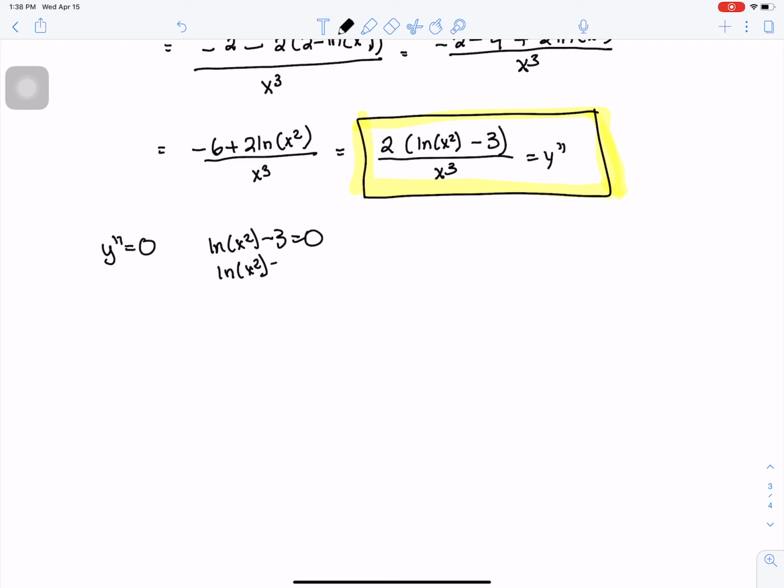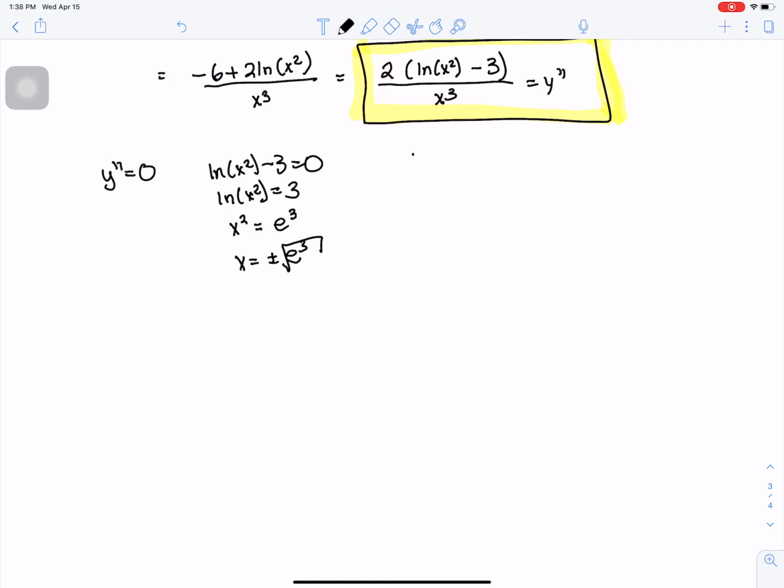Ln of x squared equals 3, e on both sides, so x squared will equal e to the 3. X is going to equal plus or minus e to the 3, but square rooted.